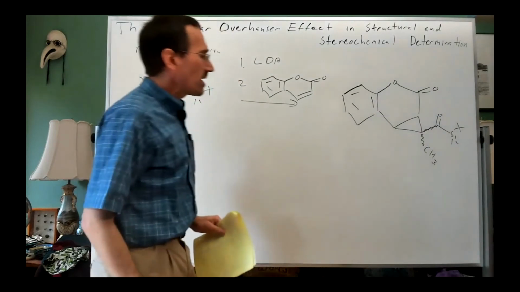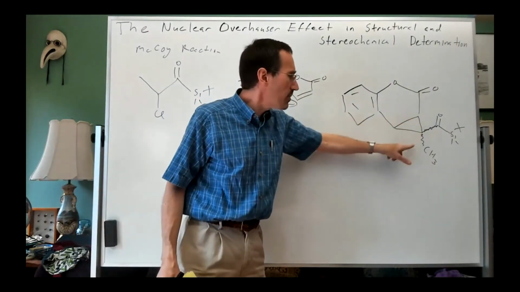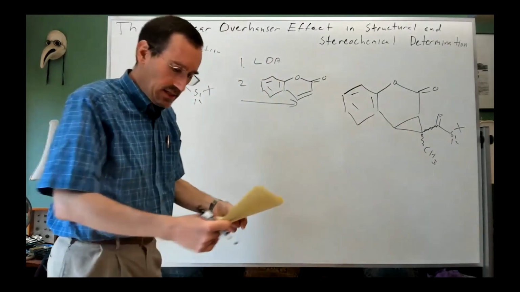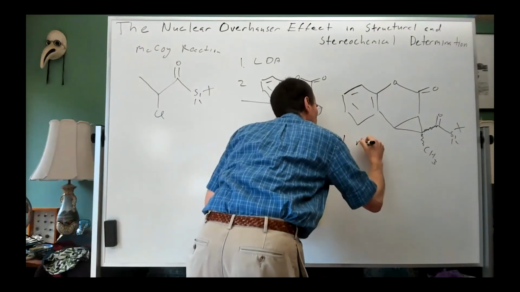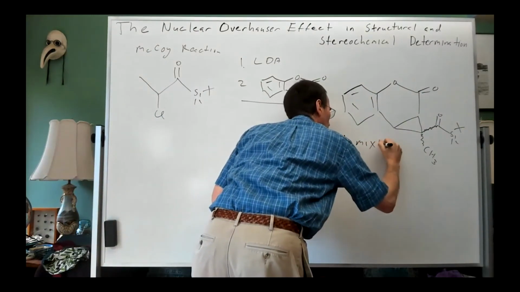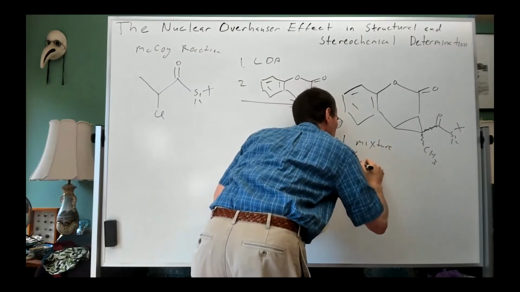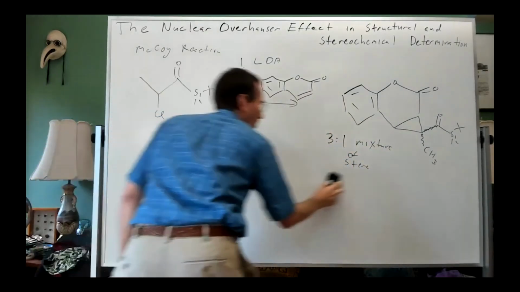So on the cyclopropane, of course, we have the two hydrogens on the six-membered ring, and now we have the methyl group and the silyl ketone. And I got a 3-to-1 mixture of stereoisomers. I'll say diastereomers, just to be more specific.